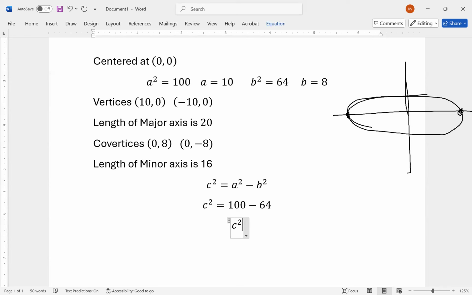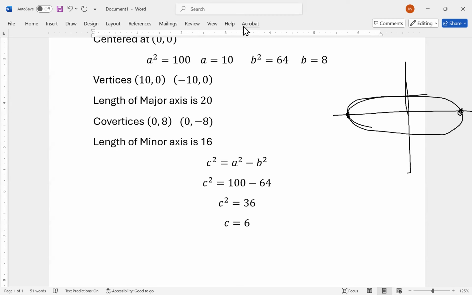So c squared is equal to 36, which means c has to be 6. Now I'm ready to figure out the foci. Real quick, they have to be on the major axis. So in this case, they're going to be on the x-axis. And we know now that they are 6 units from the origin, left and right from the origin.